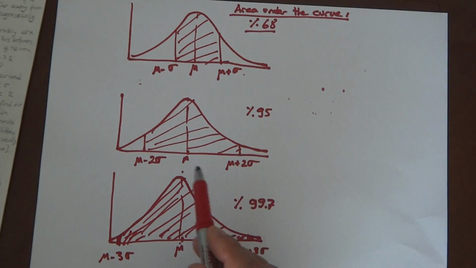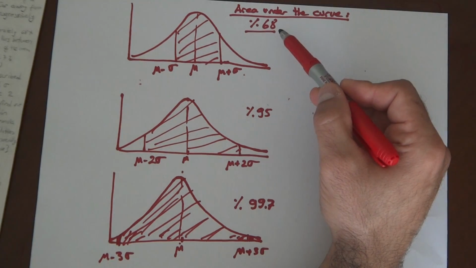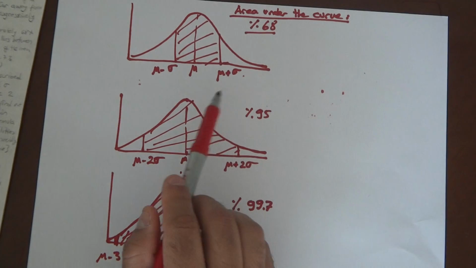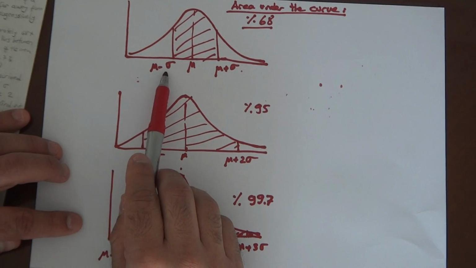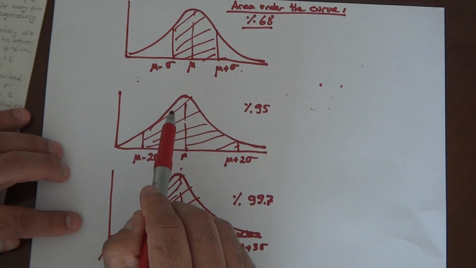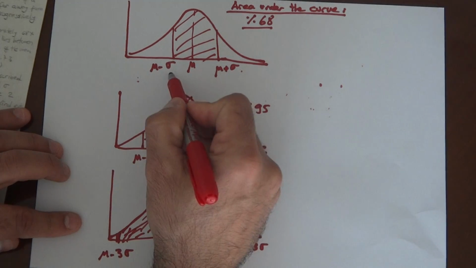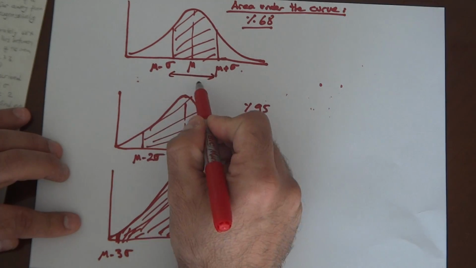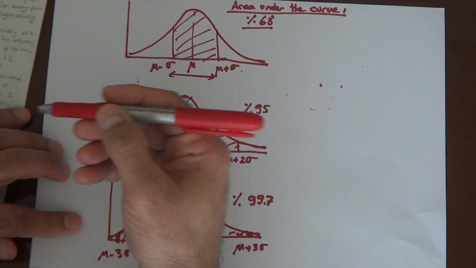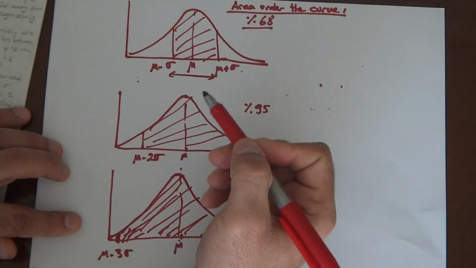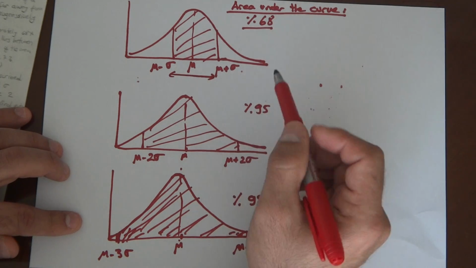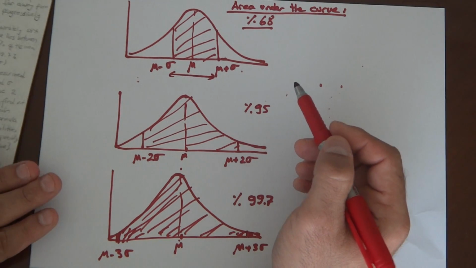As a matter of fact, approximately 68% of the area under the normal curve lies between mu minus sigma and mu plus sigma. So within one standard deviation on both sides, you can add one standard deviation, or you can go to the other side, mu minus sigma, and it covers approximately 68% of the total area.